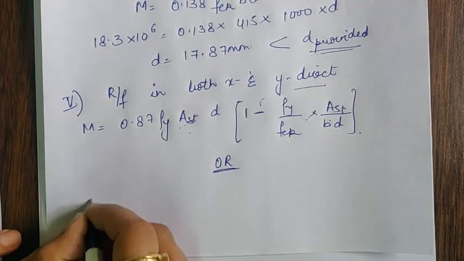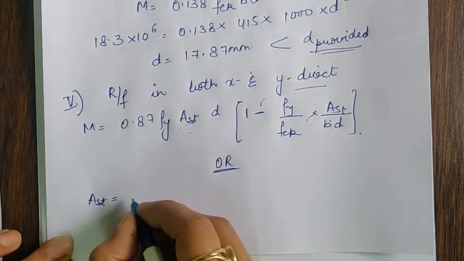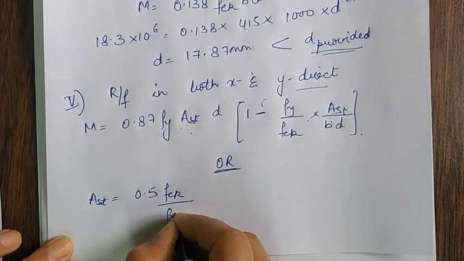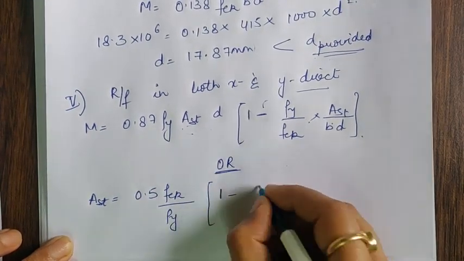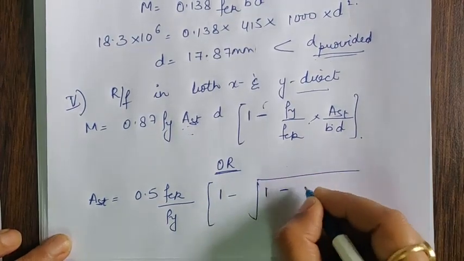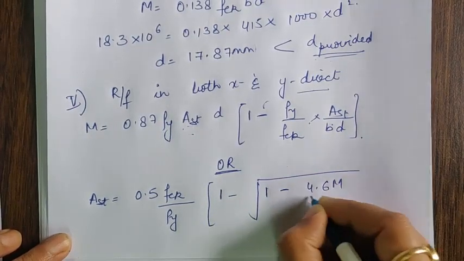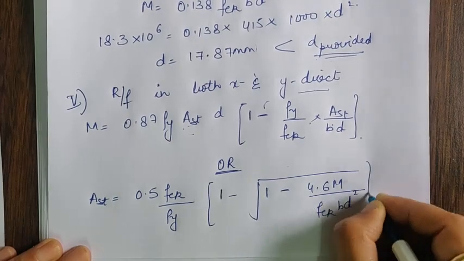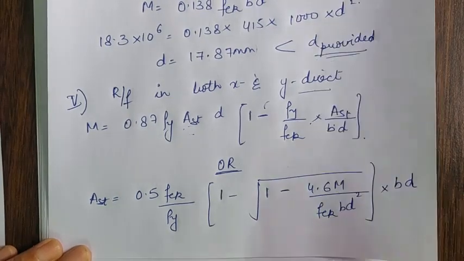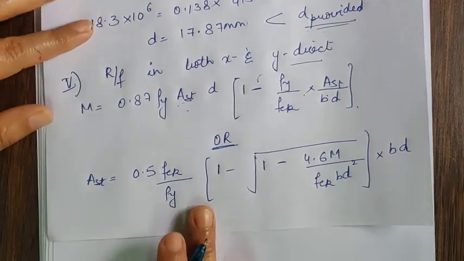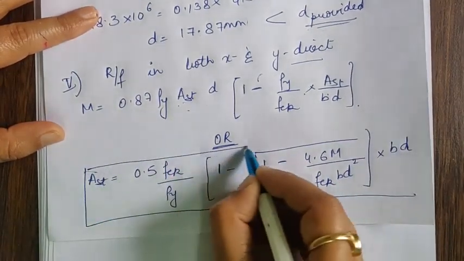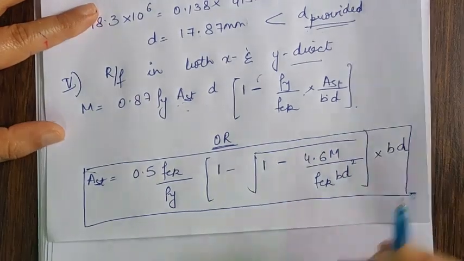The value of AST can be directly obtained by using this equation: Fck upon Fy into (1 minus root of 1 minus 4.6 M upon Fck BD square) into B into D. So this is no new formula. This is just rearranging the terms that were used in the upper equation.